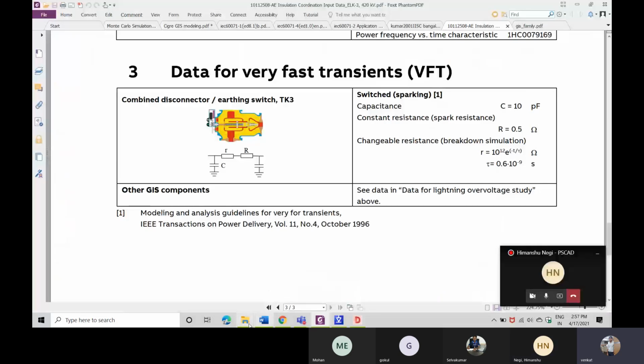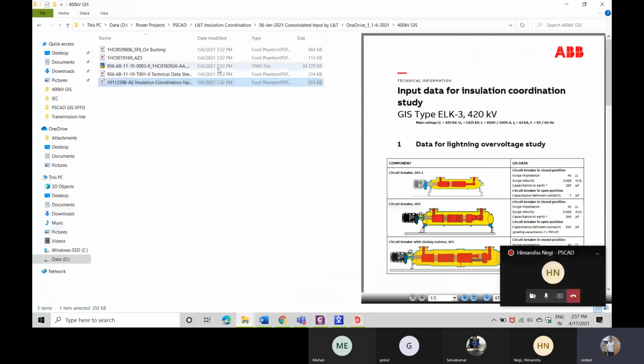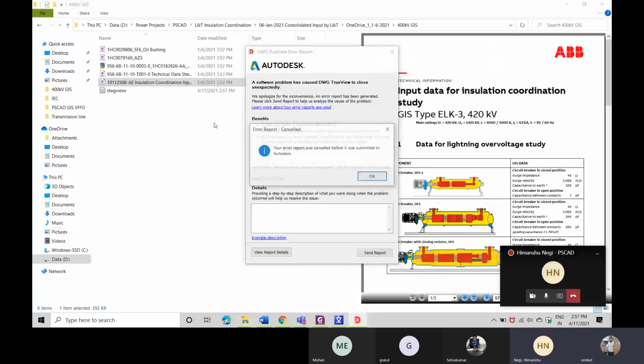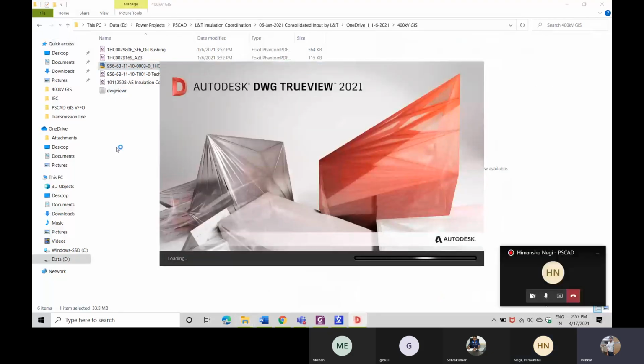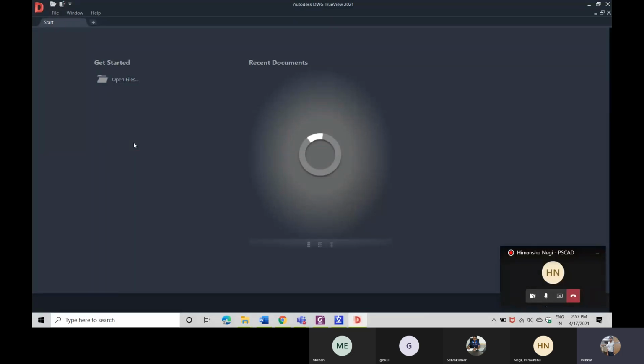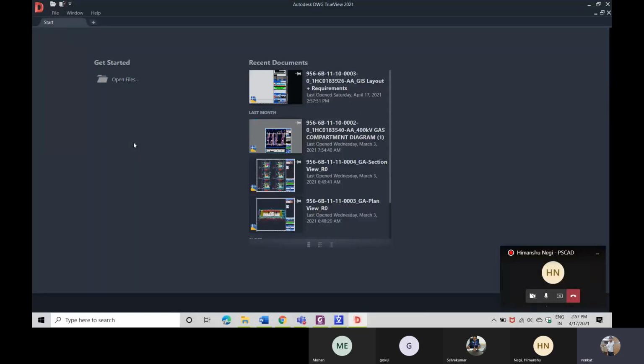This is one basic piece of information. The other thing we have to get is the GIS model from the customer. The GIS model means the length, height and everything of the physical structure.